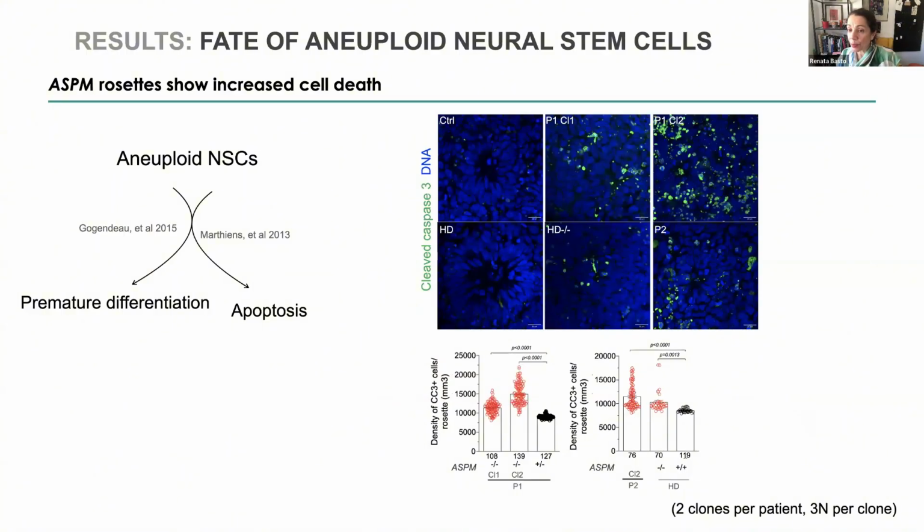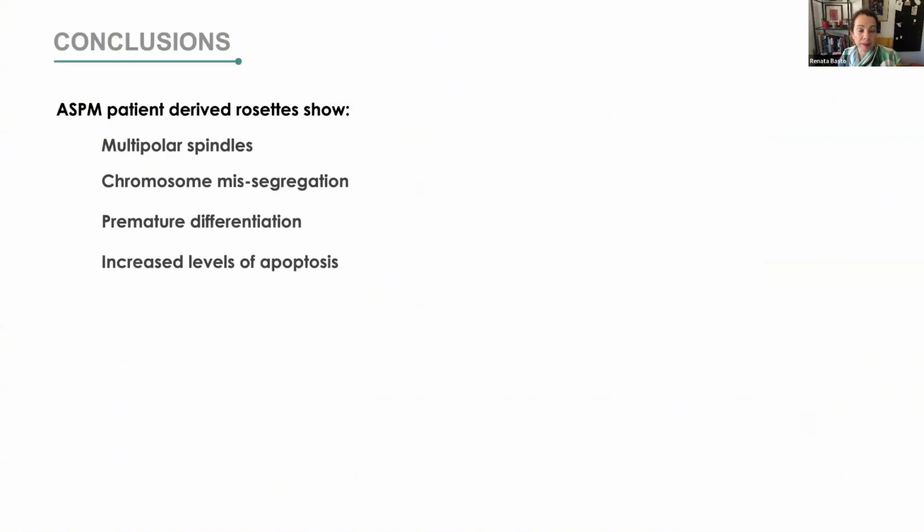In addition to that, we also see an increase in cell death revealed by cleaved caspase 3, suggesting that more cells are also dying in patient-derived rosettes.